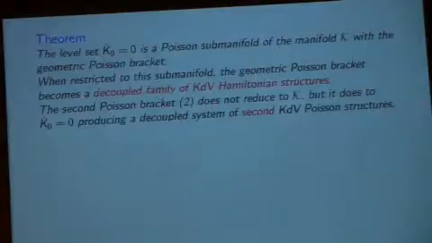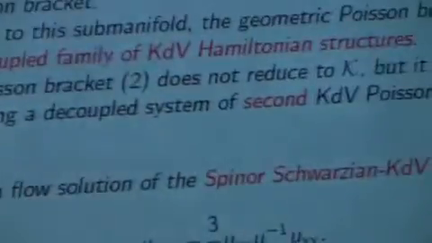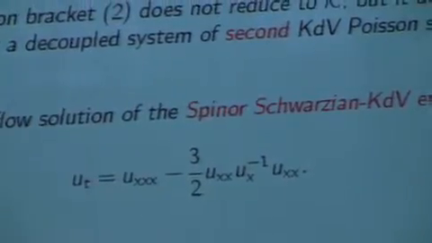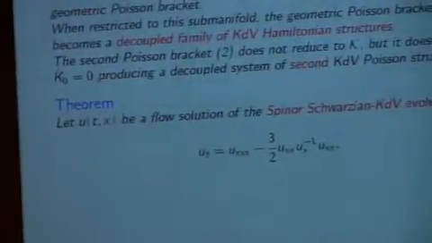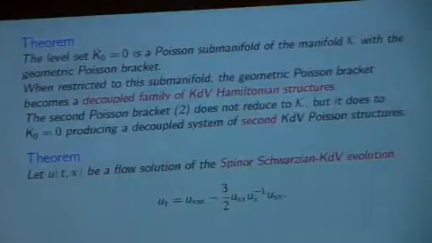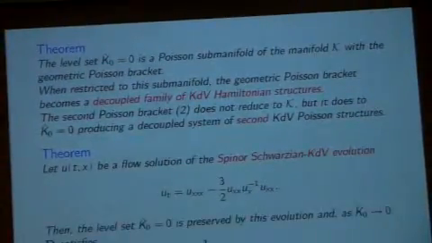And this is guaranteed. Once you have this reduction, it's guaranteed you will get a geometric realization, which is given by the Spinor-Schwarzian KdV equation that looks like that. So if I start with equations that look like this, and I start with a flow of curves for which these higher order invariants are 0, then this evolution is going to preserve that level.